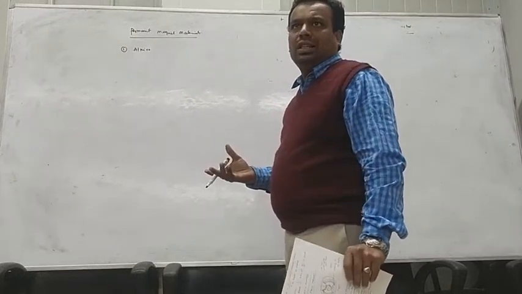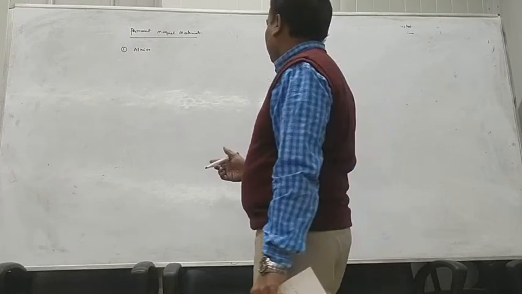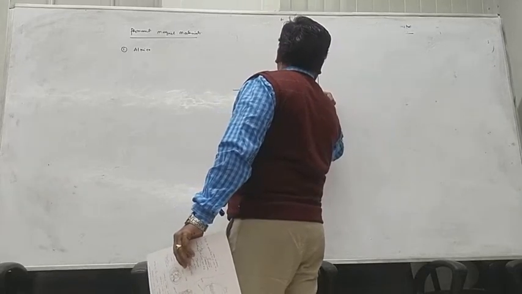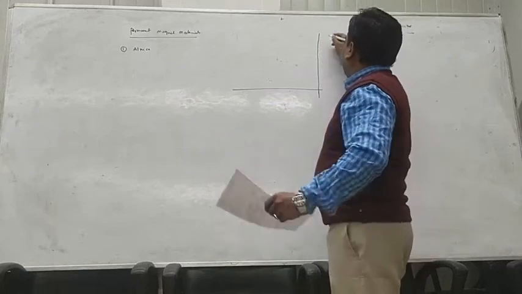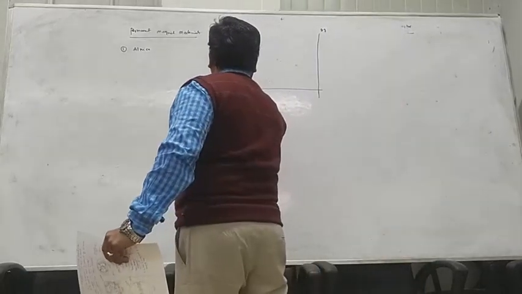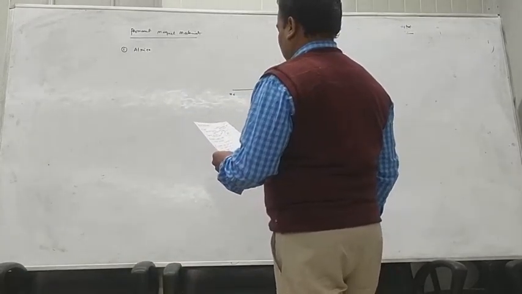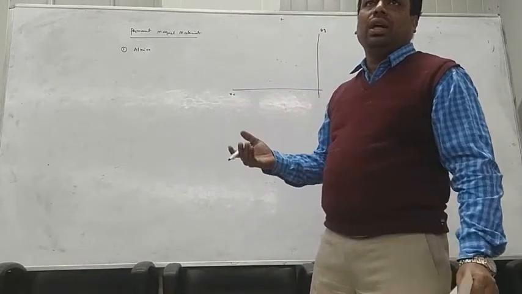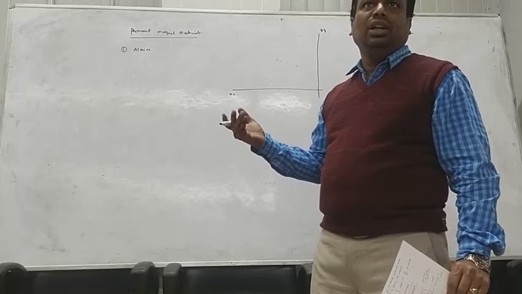residual flux density and coercive force, Br and Hc values. So this indicates the Br values and this indicates the Hc values. For Alnico, there are different types of Alnico: Alnico 5, Alnico 6, Alnico 7, Alnico 8, Alnico 1.